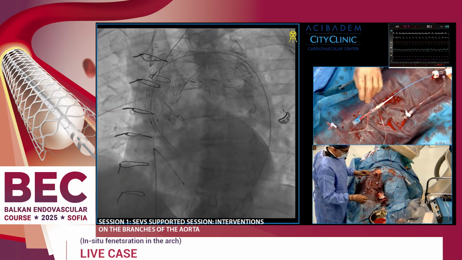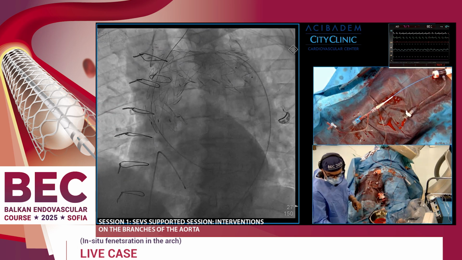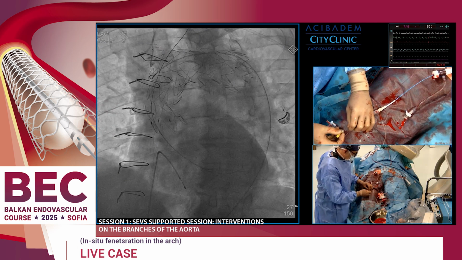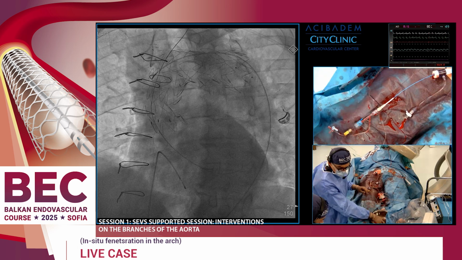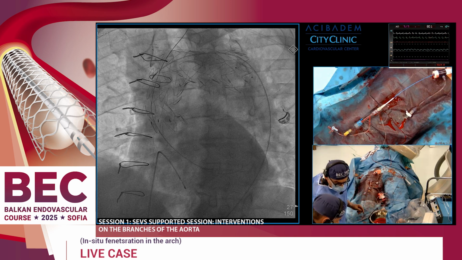Okay, to catch the small loop. Okay. Perfect. Now, okay, I prepare the system for the puncture. Wire. Okay, super. Multi-tool, where is it?